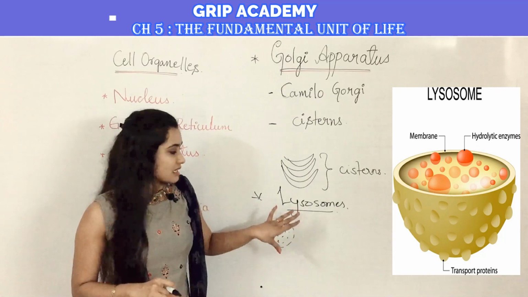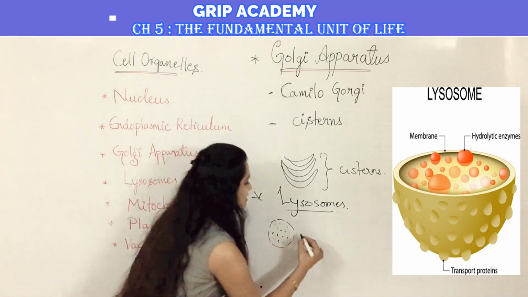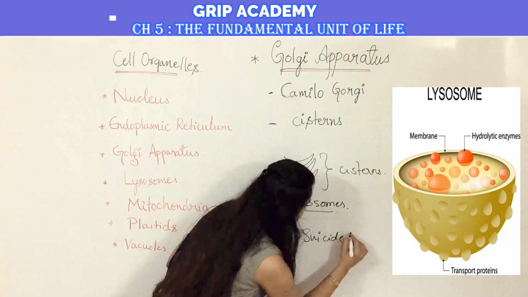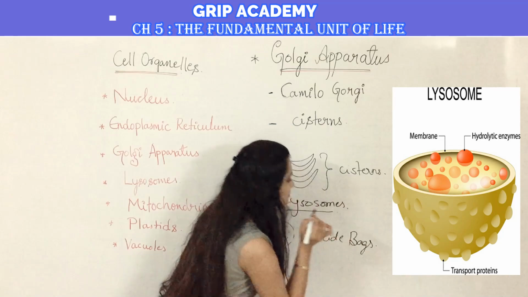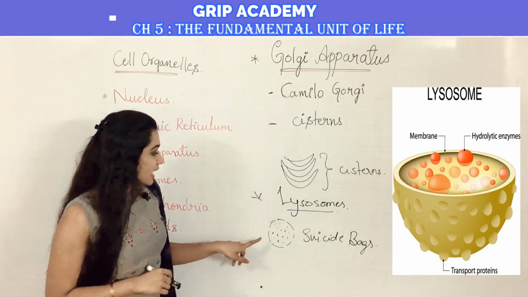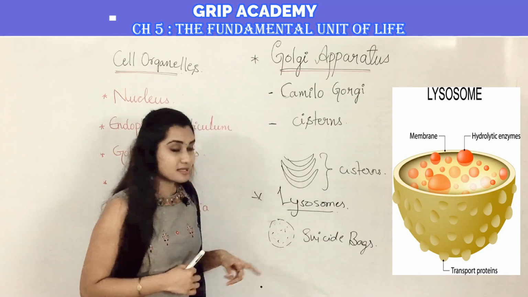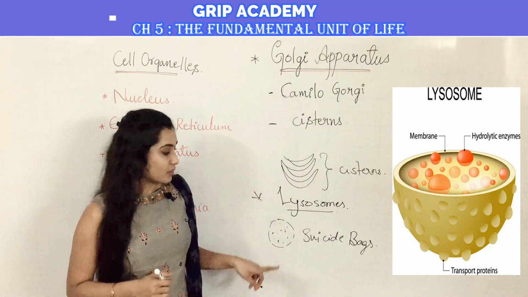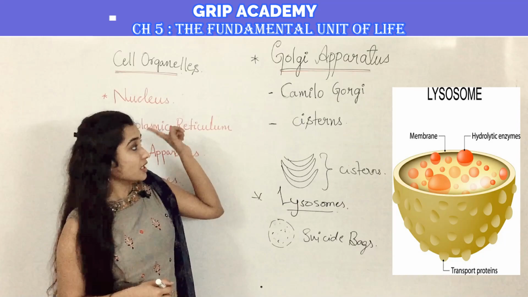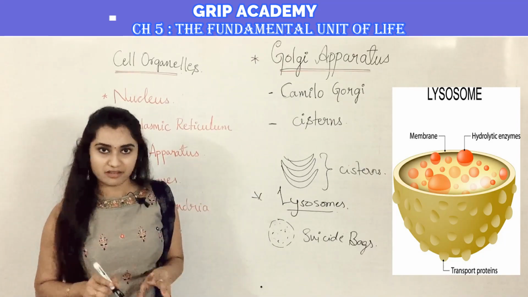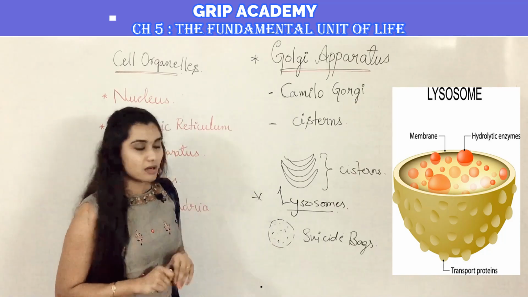That is why lysosomes are also called suicide bags. You might wonder where these digestive enzymes come from. They are also produced by the endoplasmic reticulum, especially the rough endoplasmic reticulum. So this is all about lysosomes.